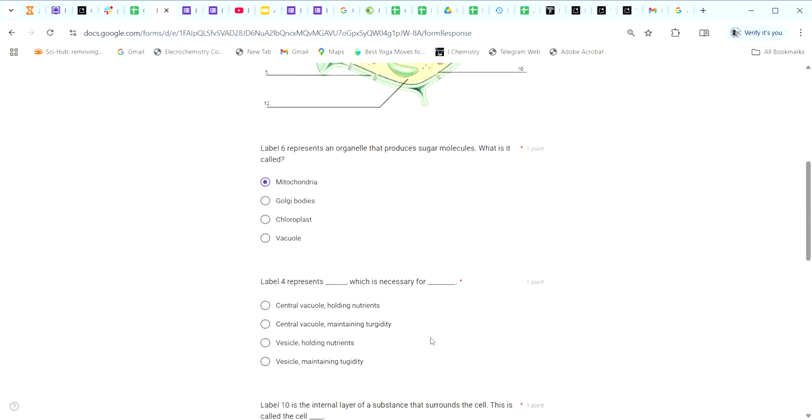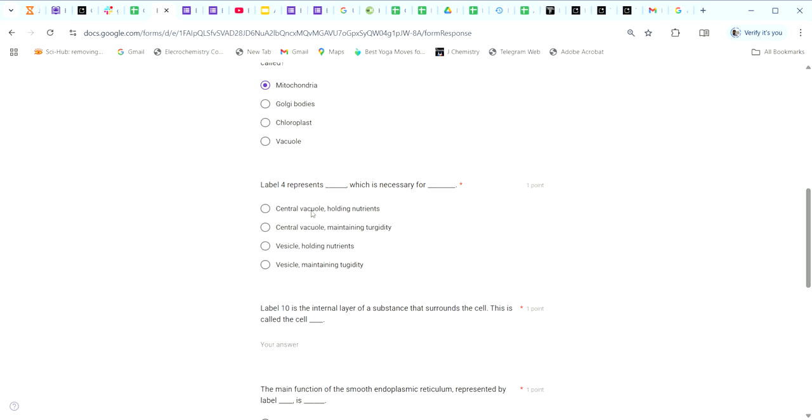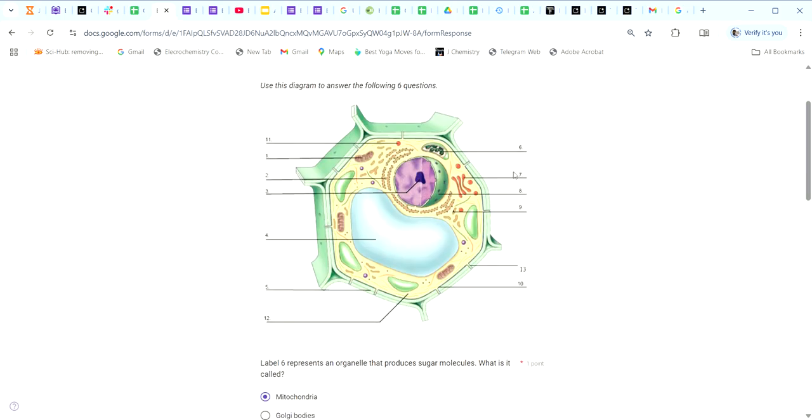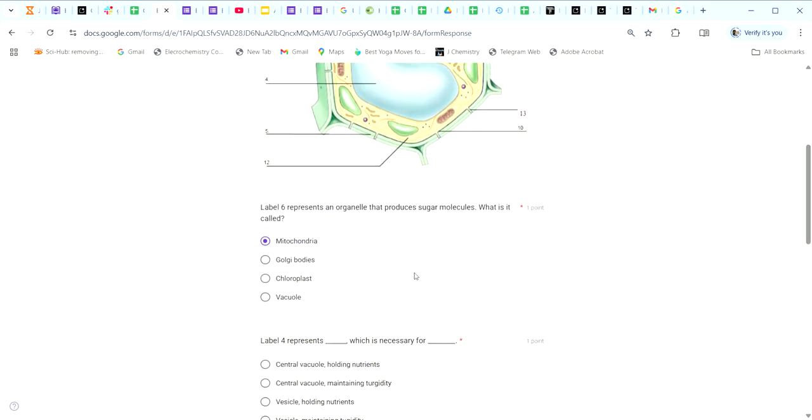Next, label 4. Label 4 is the vacuole, I think.